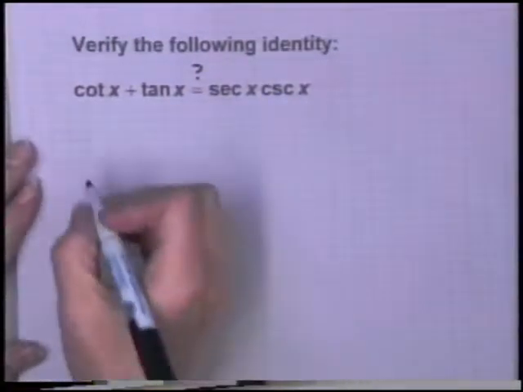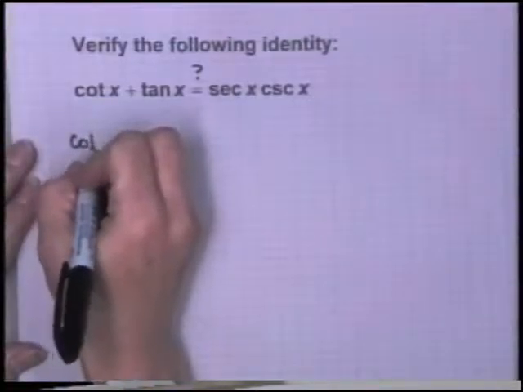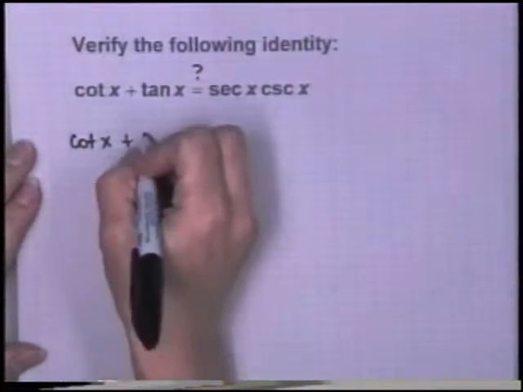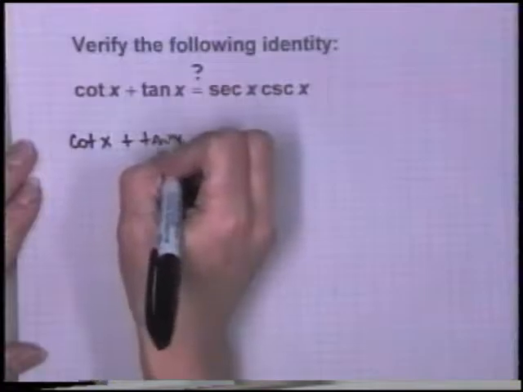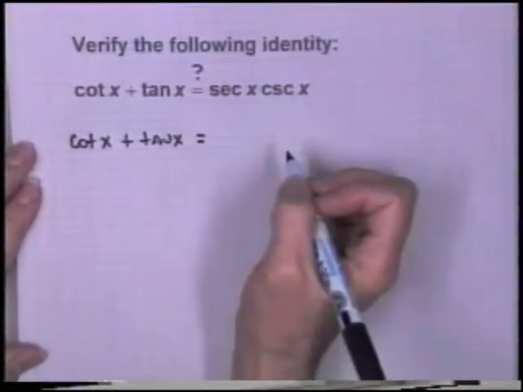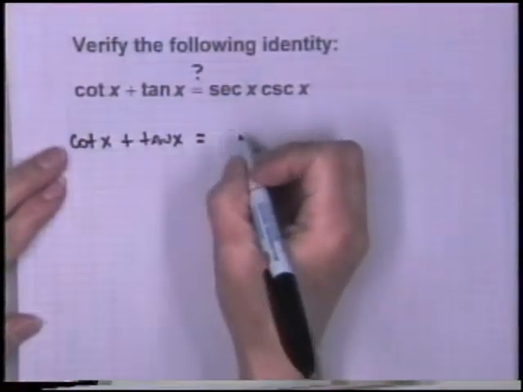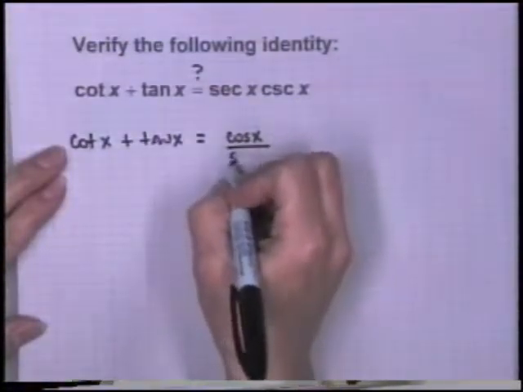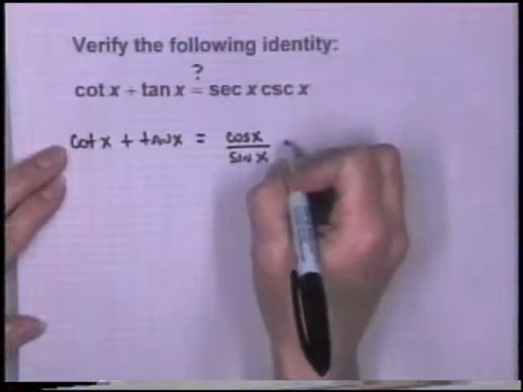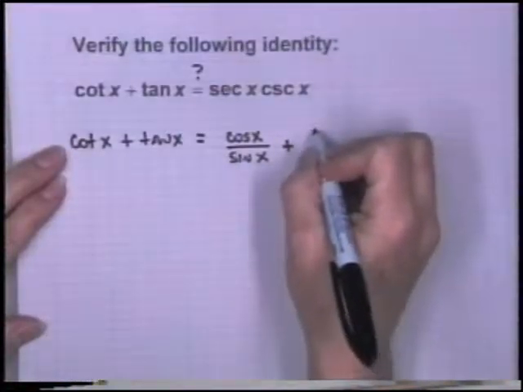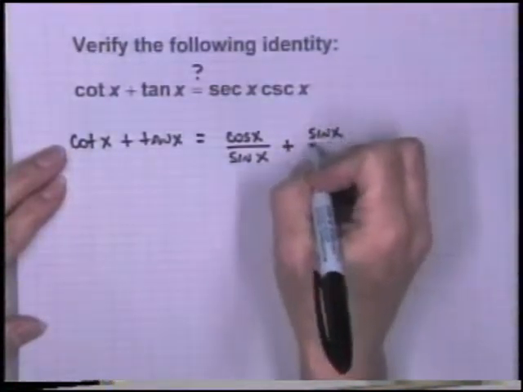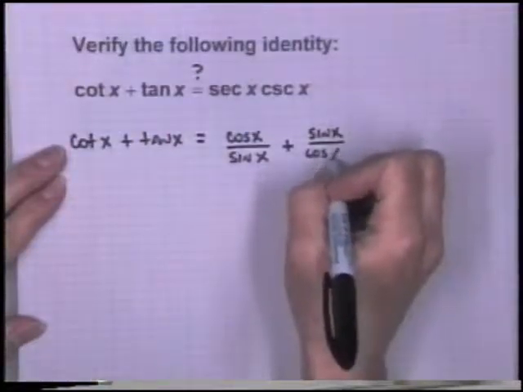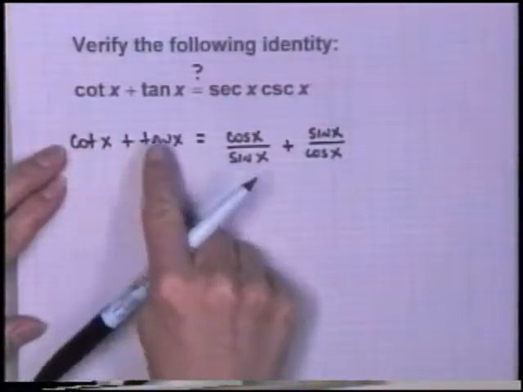And so I think I'm going to approach it by taking this left-hand side of cotangent x plus tangent x, and first I'm going to use my quotient identities. Cotangent is cosine x divided by sine x, and I'm adding the tangent function is the sine of x divided by the cosine of x.